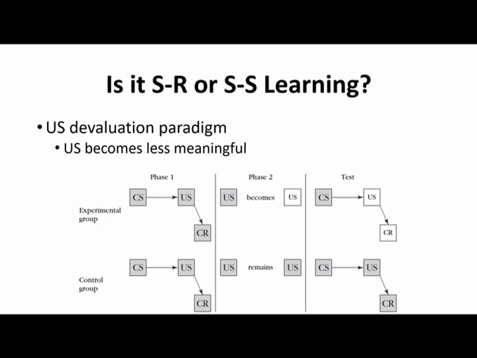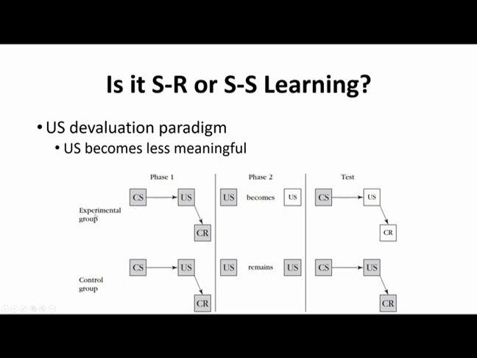unconditioned stimulus devaluation paradigm. What we're doing is devaluing, or making the unconditioned stimulus less desirable or less important. So step one in a devaluation paradigm is basically standard conditioning.